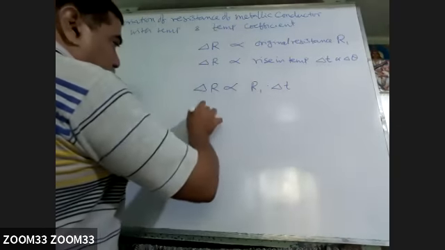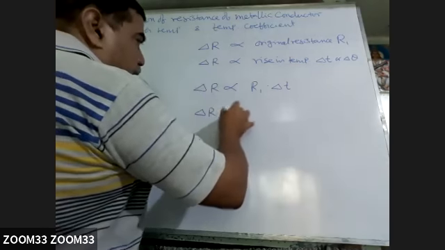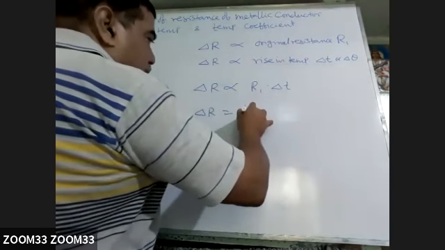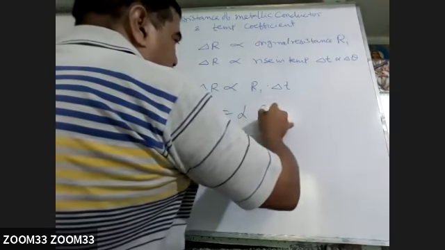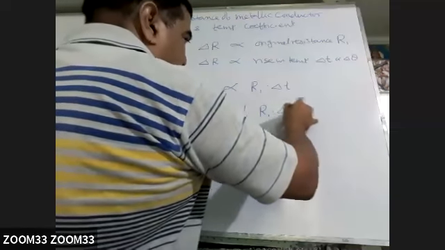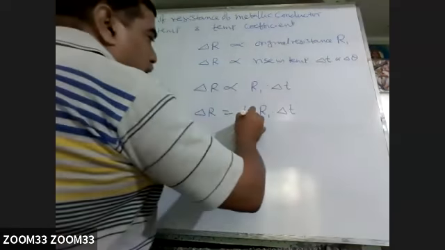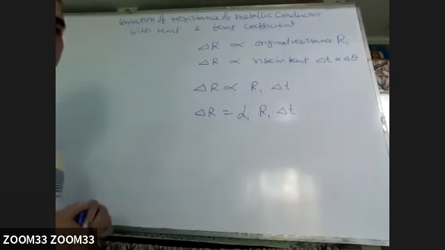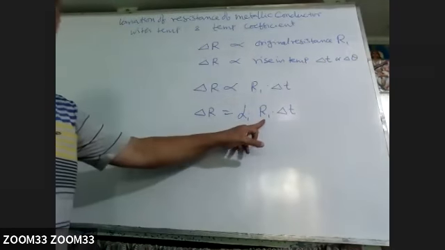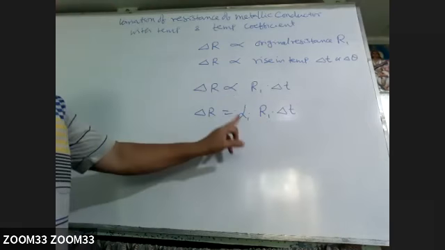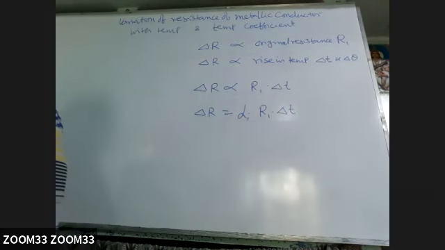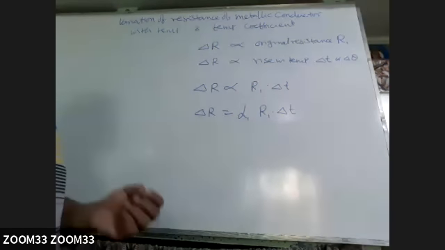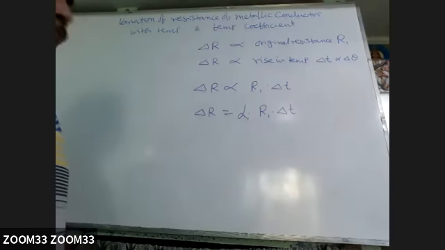When we remove the proportionality, we introduce a constant: delta R equals alpha R1 delta T. You say it is alpha 1, that is, whatever the temperature of this initial resistance is, the temperature coefficient is at the same temperature, because alpha also varies slightly with temperature.